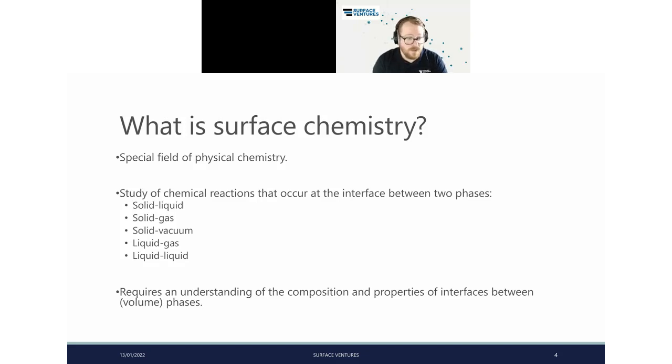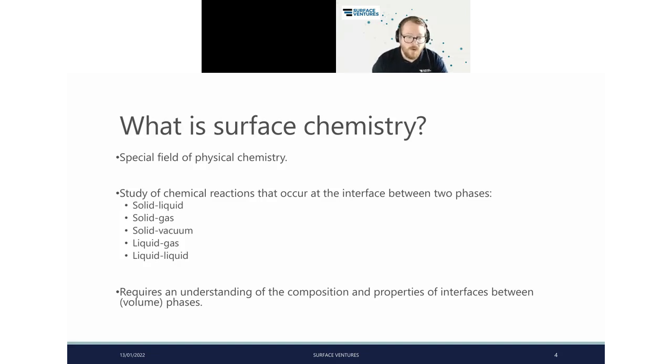Some of the common ones, and most of these being, solid liquid. So typically this is liquid contacting on a surface. Solid gas, solid vacuum, liquid gas, and liquid liquid. You can have, of course, two dissimilar liquids interacting. So that's something to be aware of, and something that does crop up in some tensiometric analysis methods.